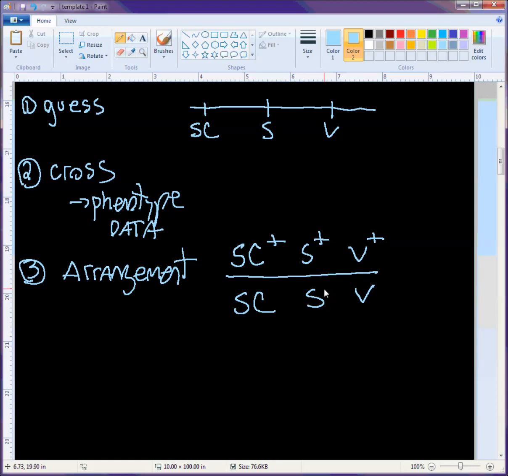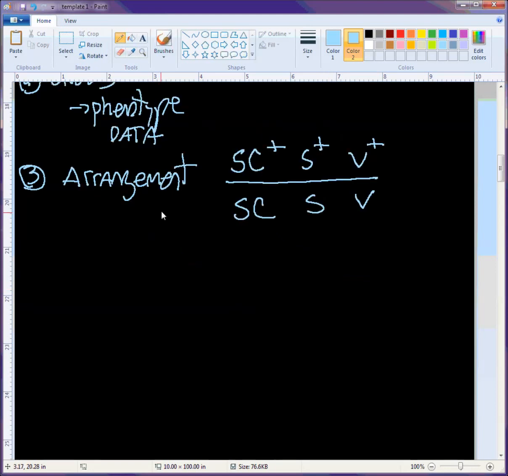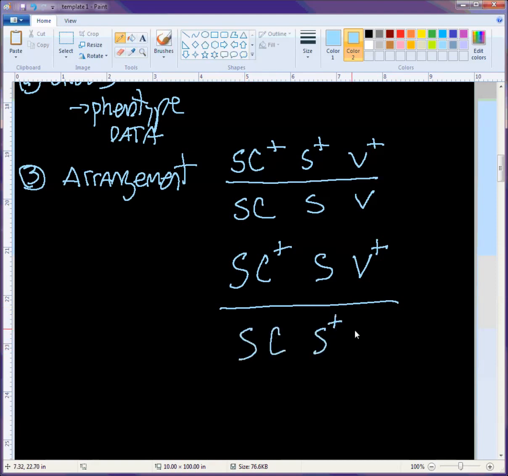If you're confused on what arrangement means, well, I can show you a different arrangement. So a different one, let's say, would have the recessive S allele with the wild type versions of Scute and Vermilion on one chromosome, and the wild type version of S or Sable with the mutant versions of Scute and Vermilion on the other chromosome.